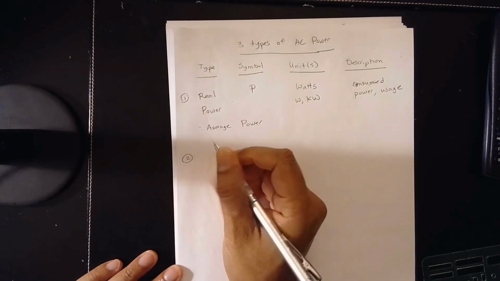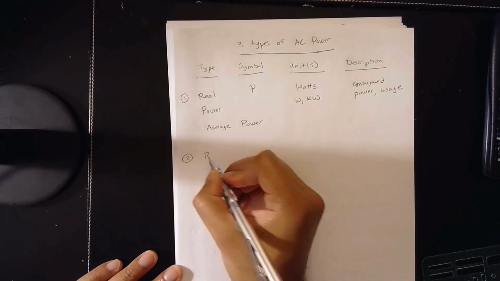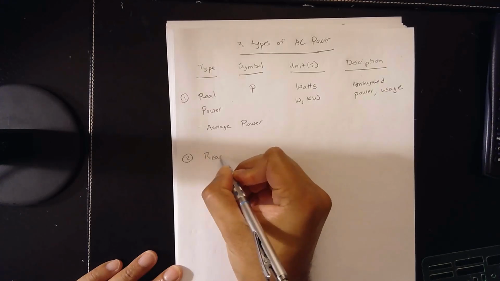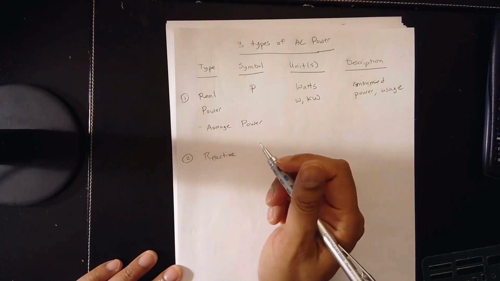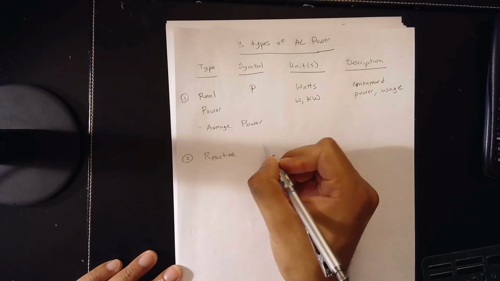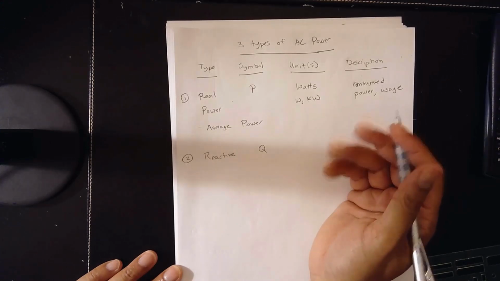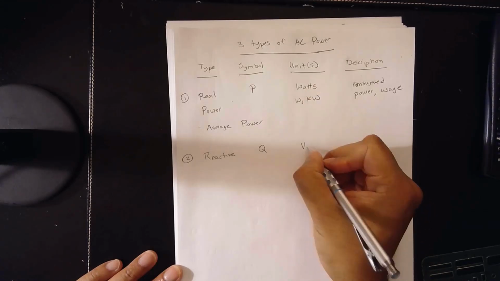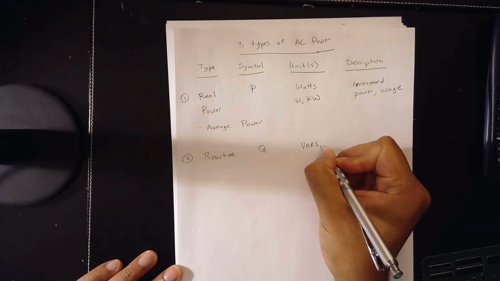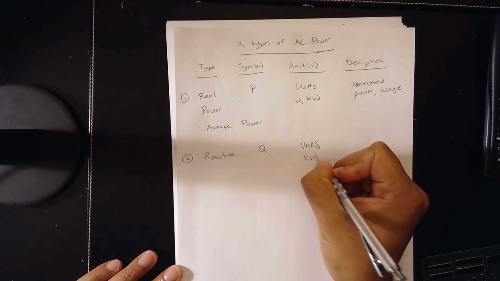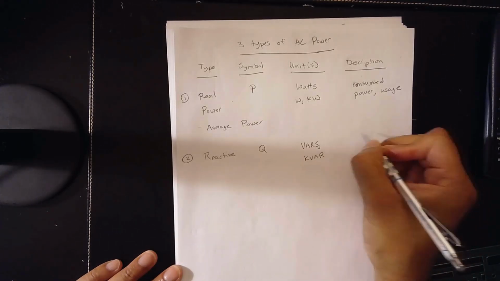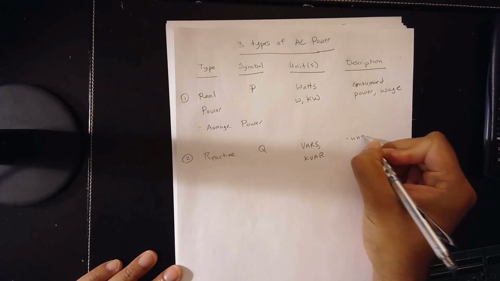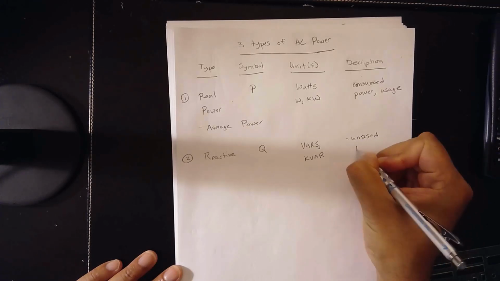The second type of power is called reactive power. Okay? In reactive power, your symbol is Q. Your unit is VARs, or kVAR. And this is really your unused power, right?